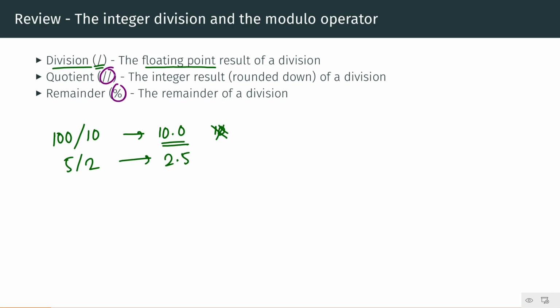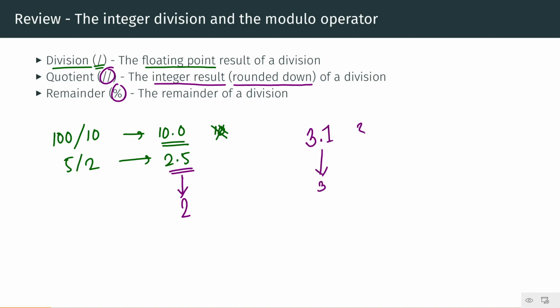And just so you understand, the quotient always gives you an integer result which is rounded down to the nearest integer. For example, if you round down 2.5 to the nearest integer, you'll get 2, right? If you round down 3.1 to the nearest integer, you'll get 3.